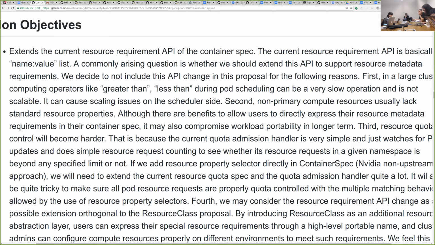Another reason is that resource quota control would be very hard, because label matching allows multiple matches, and it's very hard for administrators to prevent pods from consuming resources they don't have quota for if we allow people to directly specify metadata matching constraints in the pod spec.